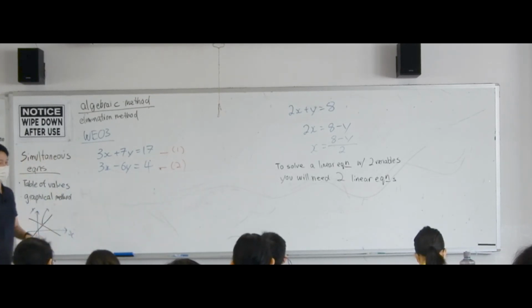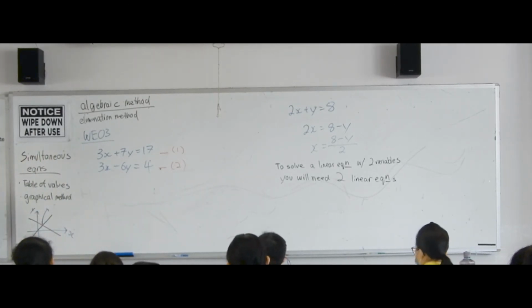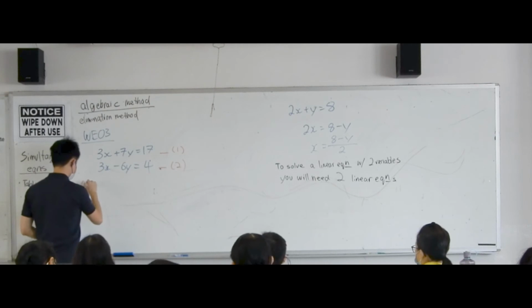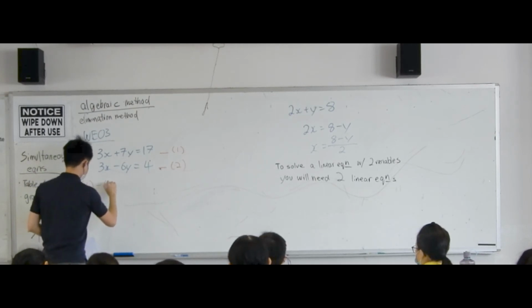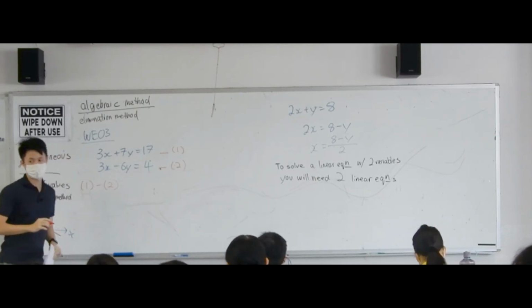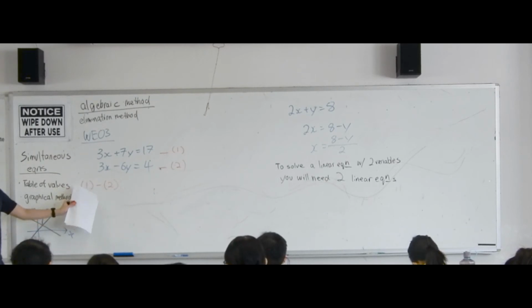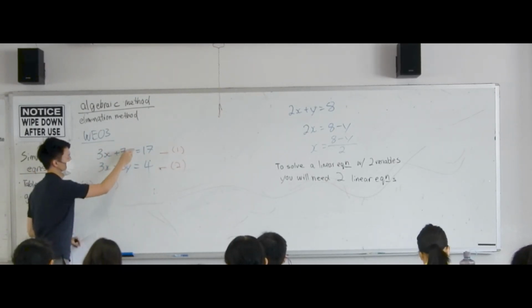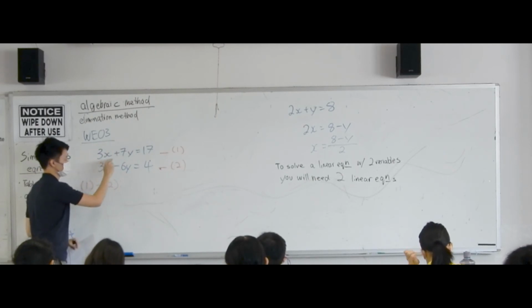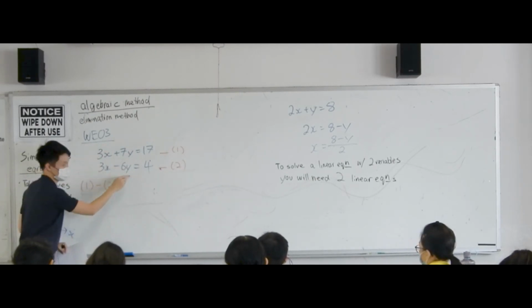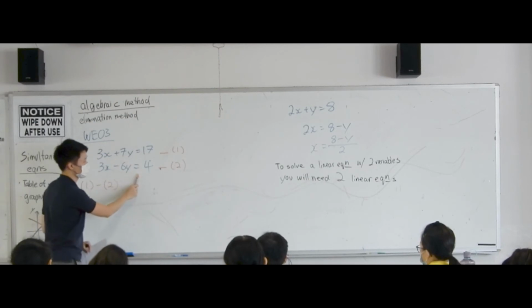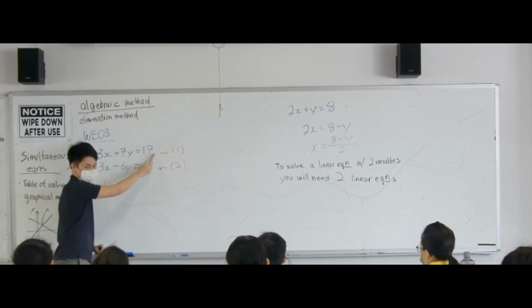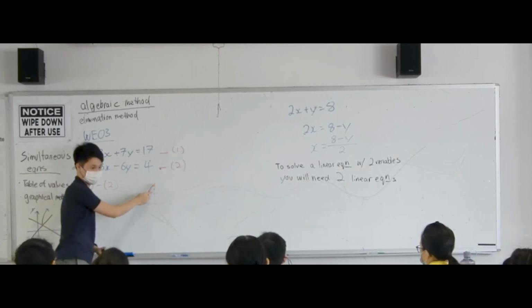Now I'm going to take equation 1 minus equation 2. Wait, what does this actually mean? I'm going to take everything on the left hand side of equation 1 and subtract everything on the left hand side of equation 2, and that will be equal to everything on the right hand side of equation 1 subtract equation 2.